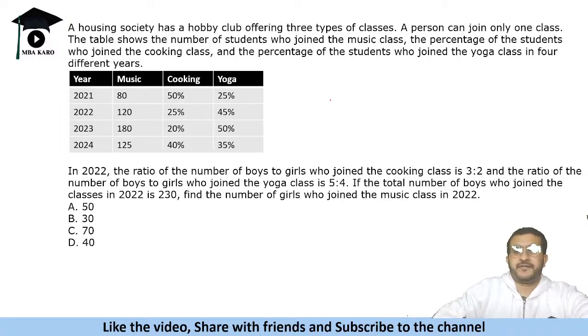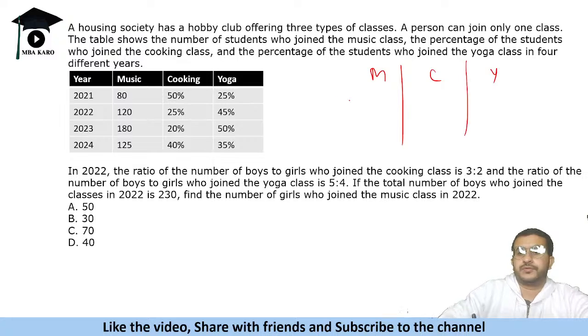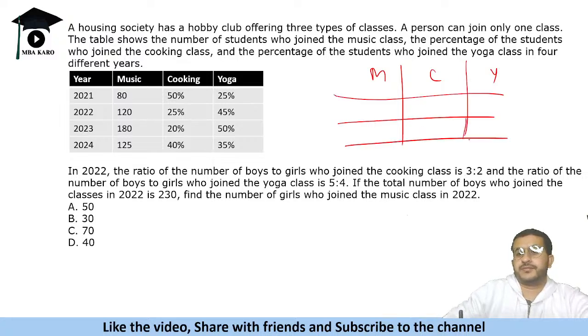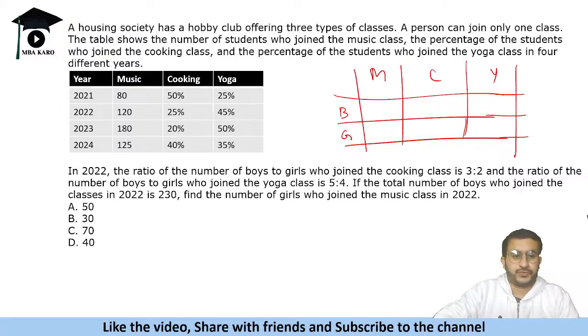Okay, so we have these three classes: music, cooking, yoga. Okay, so boys, girls. So we are talking about the year 2022. 2022, this is 30%.